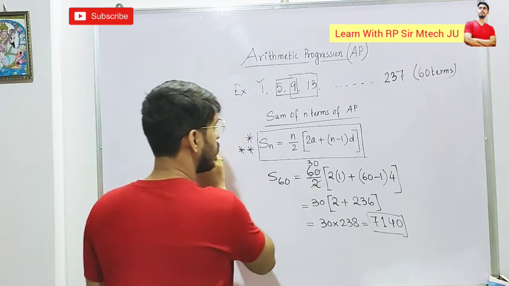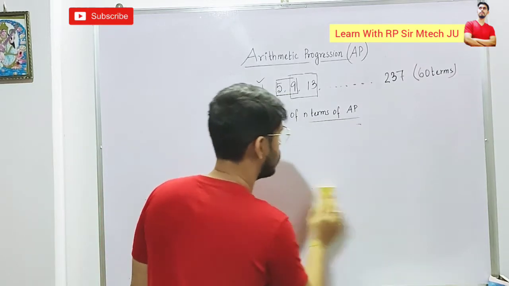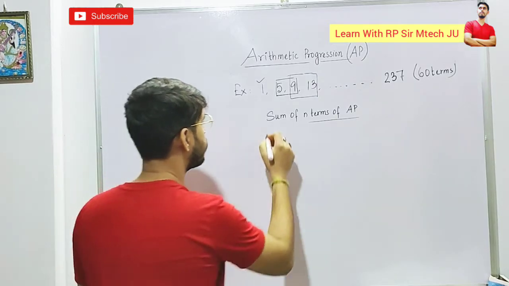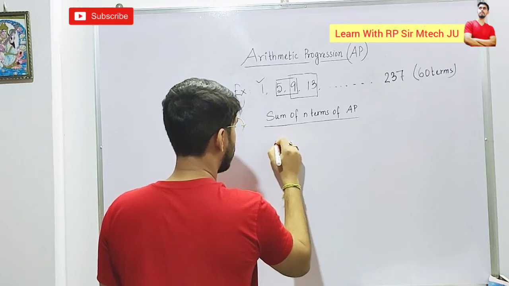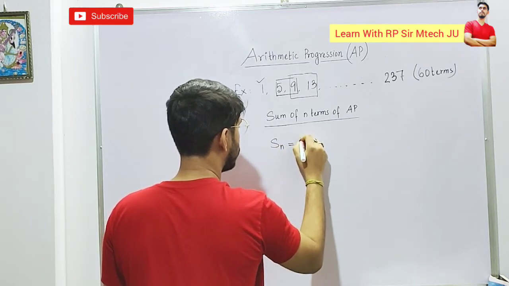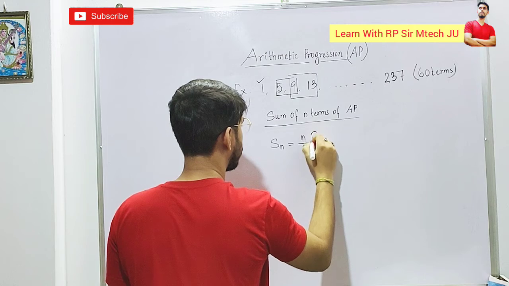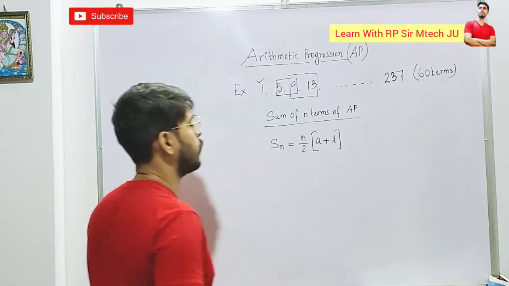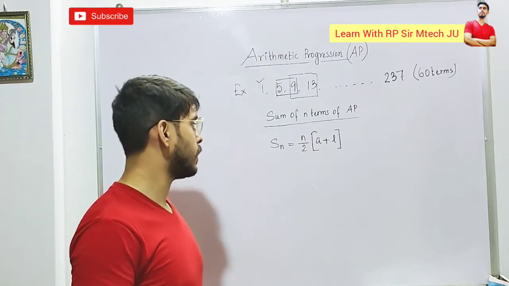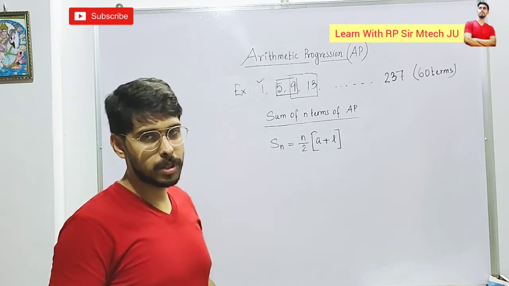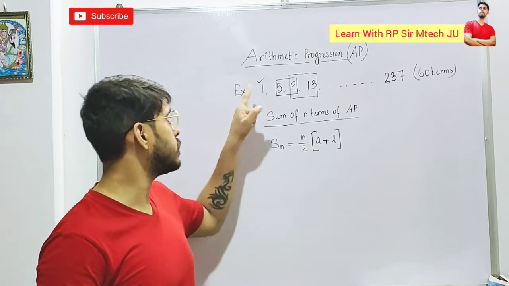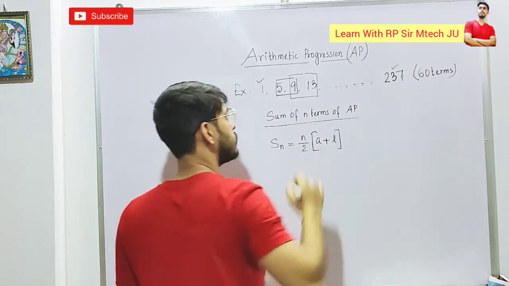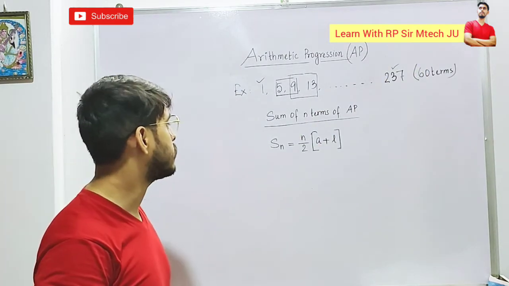So now the next formula that will be used, that is given as Sn equals n by 2 times a plus l. Now what is this L? n stands for the total number of terms, a stands for the first term, L stands for the last term.